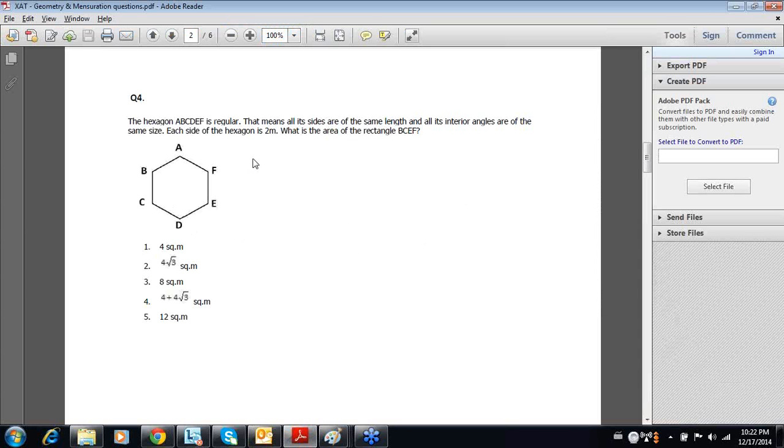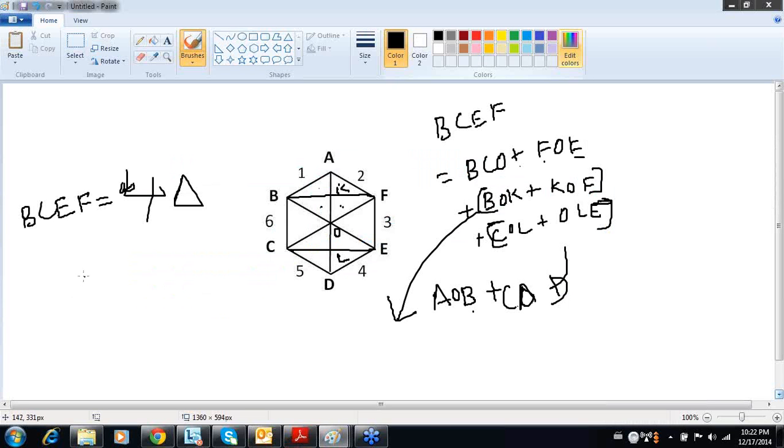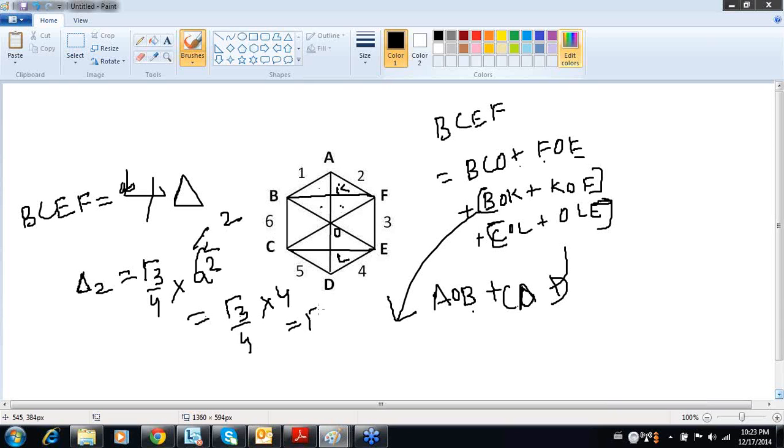And the side of the hexagon is 2. So the area of an equilateral triangle with side 2 will be what? Root 3 by 4 into a square, where a is equal to 2. So it will be root 3 by 4 into 4, which is equal to root 3.